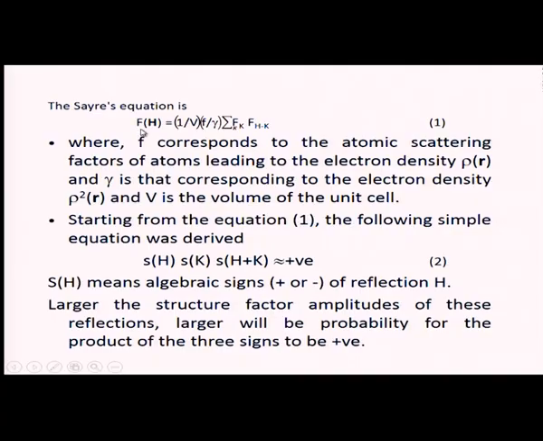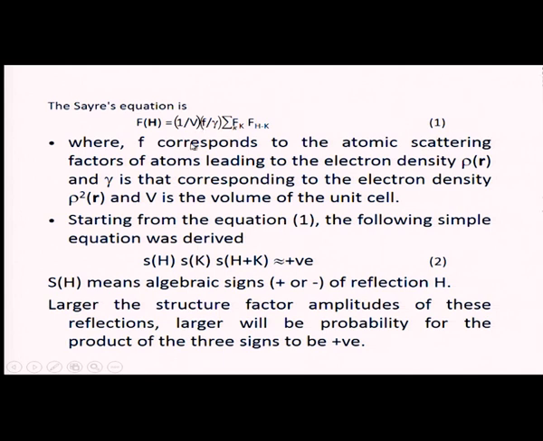Now, equation 1 is known as Sayre's equation. The structure factor F h is related in terms of two other structure factors, k and h minus k, by this factor 1 by V multiplied by little f by gamma. What is the little f?